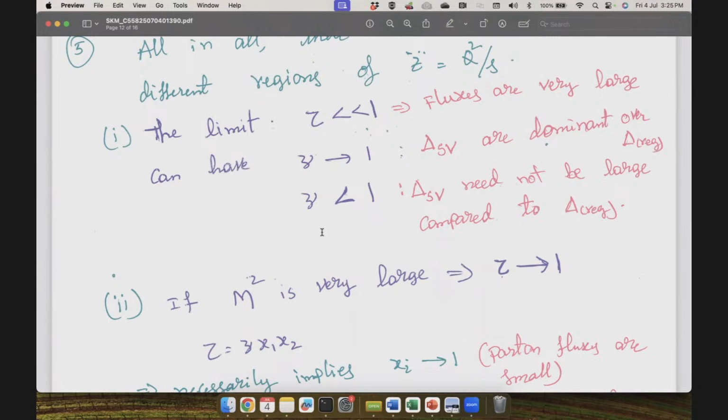Also, in this matter, I would like to highlight one thing. Way back in 2014, I think Professor Ravindran's team did a nice work. Before that, for Drell-Yan, the regular corrections, the full one-loop part was not available.